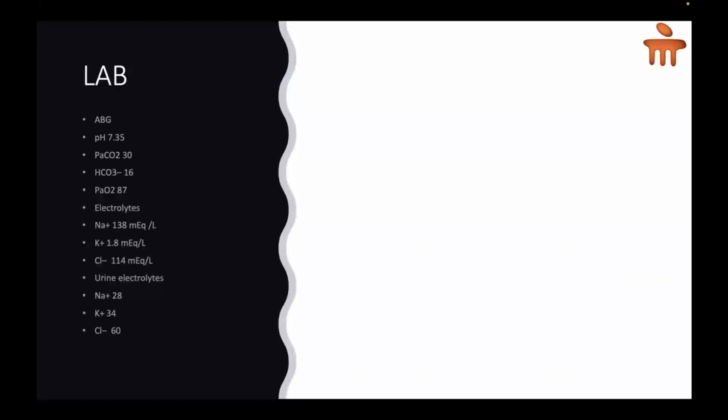So this is the ABG of that patient: pH of 7.35, PCO2 of 30, bicarb 16, PO2 of 87, sodium 138, potassium 1.8, chloride of 114. Urine electrolytes also have been given: sodium of 28, potassium of 34, and chloride of 60.